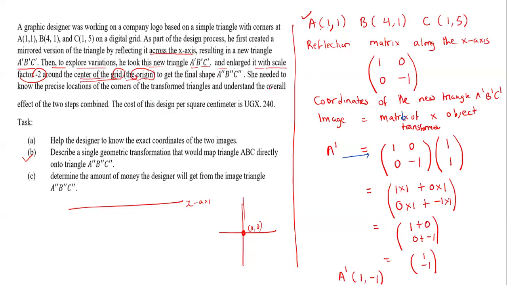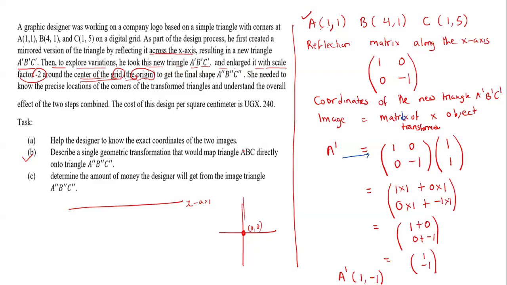Now, they went on and told us to describe a single geometric transformation that would map. Now here, there are two things. They are asking, what if we had not gone through these steps of moving from A, B, C to A prime, B prime, C prime to this?